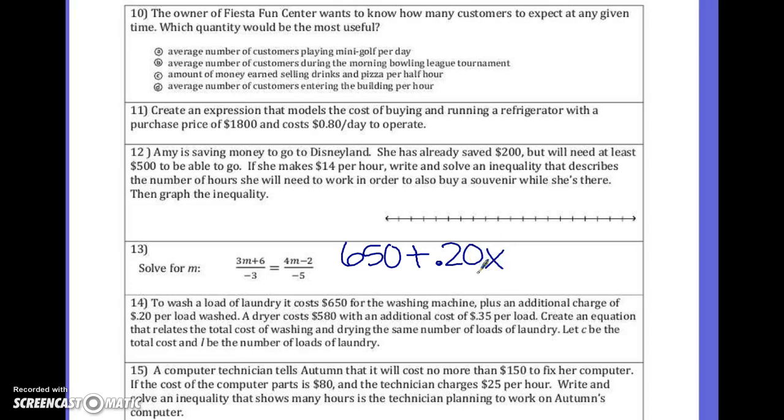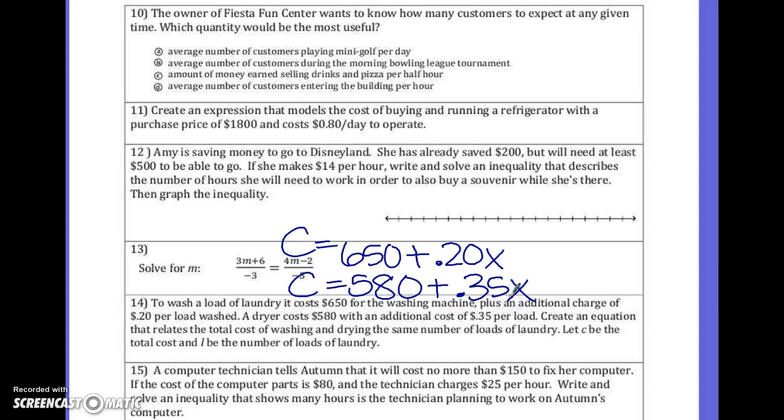A dryer costs $5.80 with an additional charge of 35 cents per load. Create an equation that represents the total cost of washing and drying the same number of loads. Notice it's the total. So in this case, here's the cost of washing, and then the cost of drying, well, it costs $5.80 for the dryer and 35 cents a load.